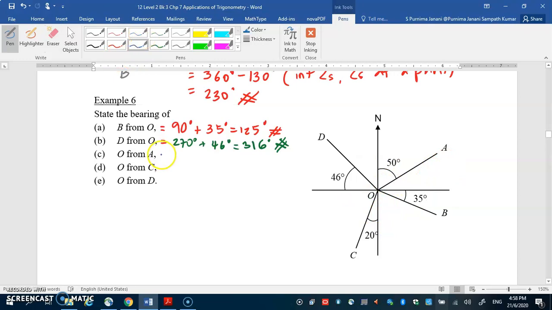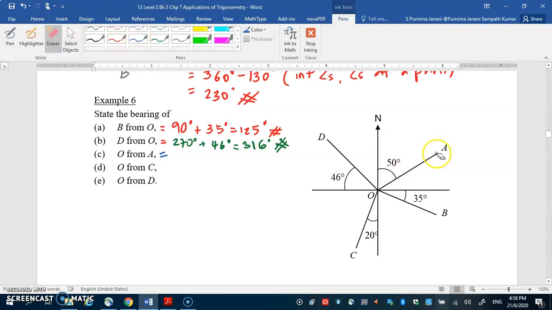O from A. So O is here, A is here. Is it like that? No, that's where you're wrong. Because when they say O from A, you must draw your north at A. So you draw your north at A over here, and then you go clockwise until you hit OA.